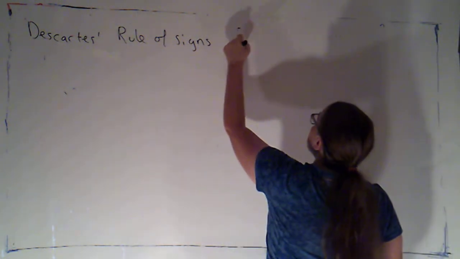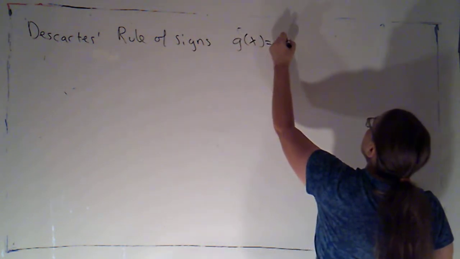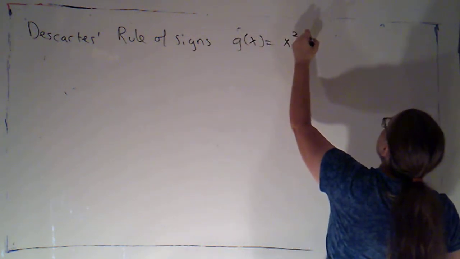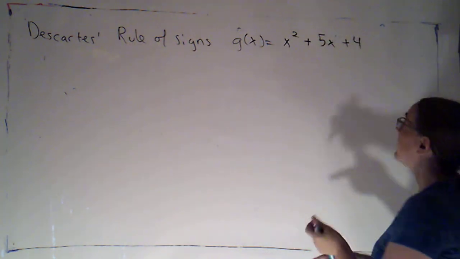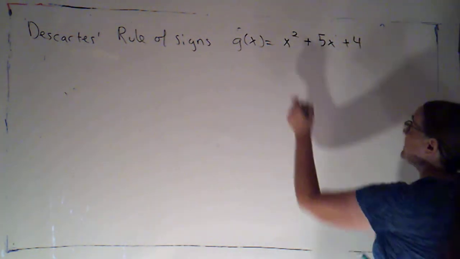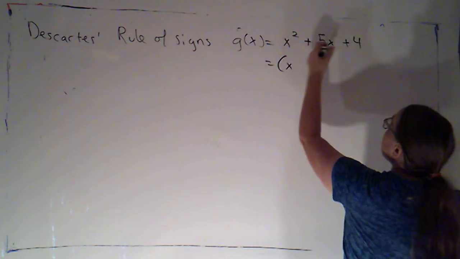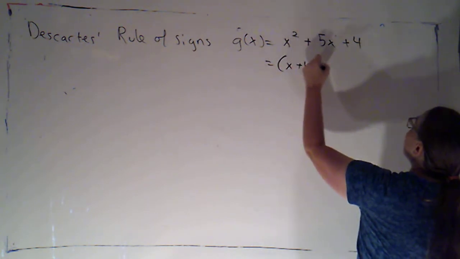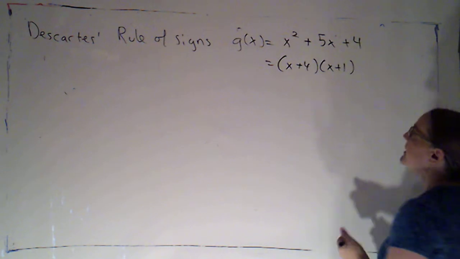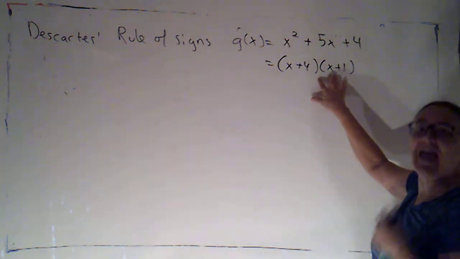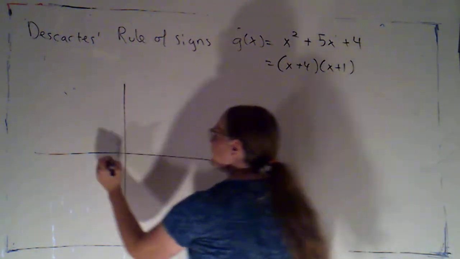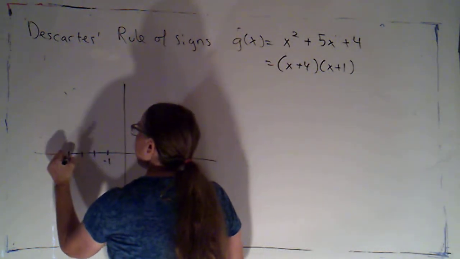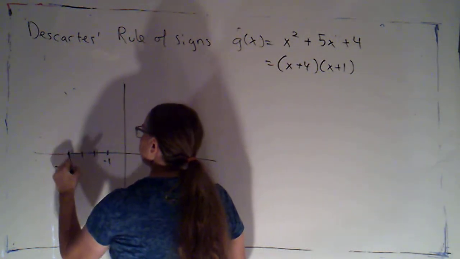Let's look at g of x equals x squared plus 5x plus 4. Different polynomial, very similar. Notice this would be x plus 4 times x plus 1. I would have 2 zeros, and they're both negative. So I would have a 0 at negative 1 and at negative 4.